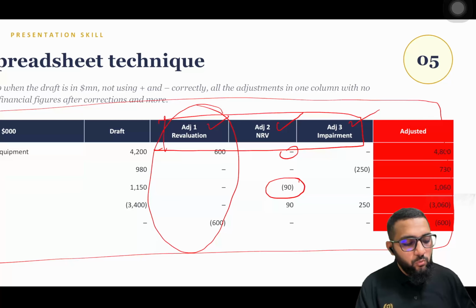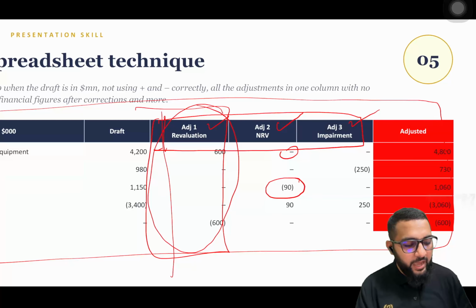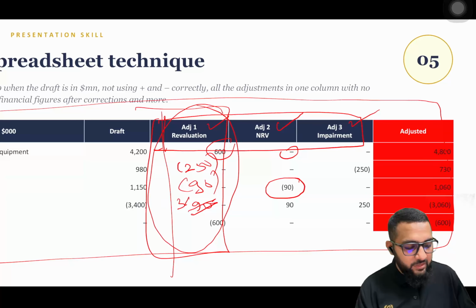If you bring all 3 adjustments within this one column, you are going to have your answers cluttered. 600 here, minus 90 here, plus 90 here, minus 600, then minus 250 here. So here 90 plus 250. So your total figure is going to be 340, not this 340.